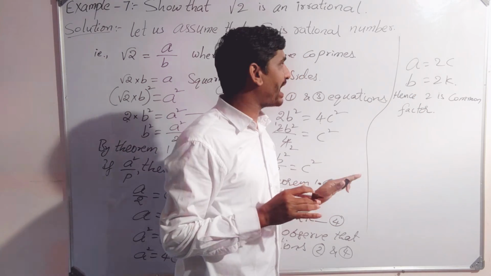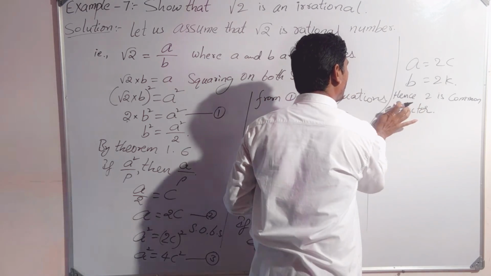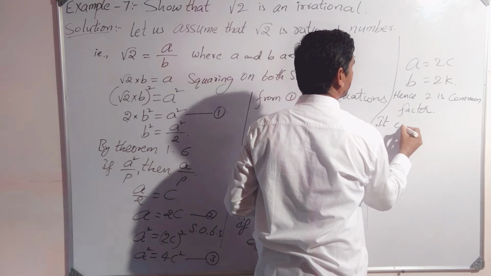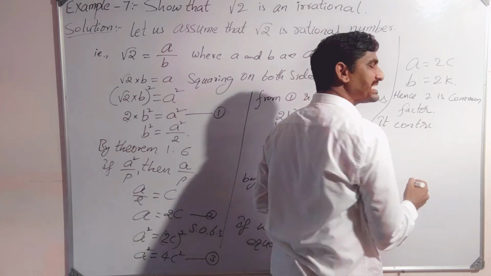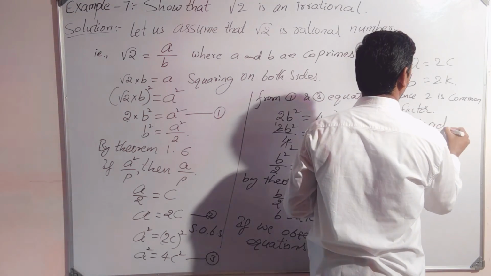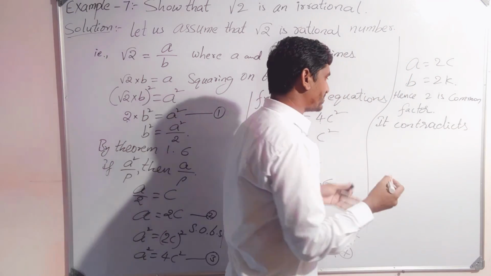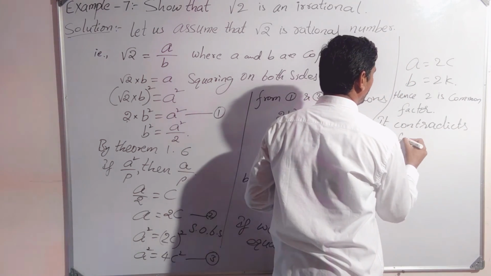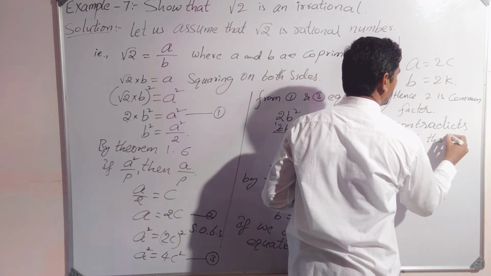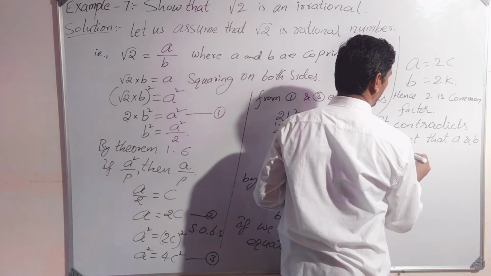Whenever 2 is a common factor, it contradicts our assumption. Contradicts means wrong. It contradicts the fact that a and b are co-primes.